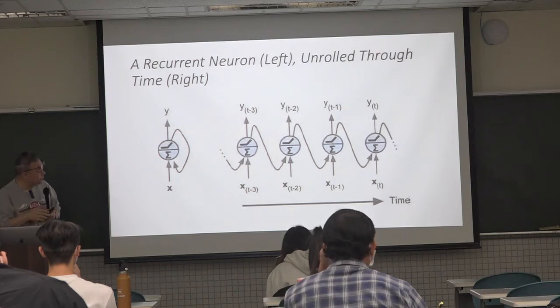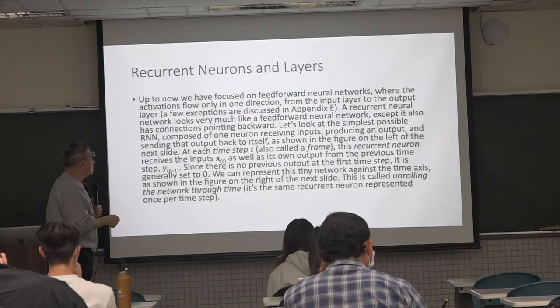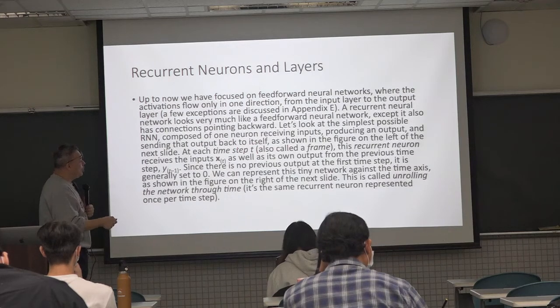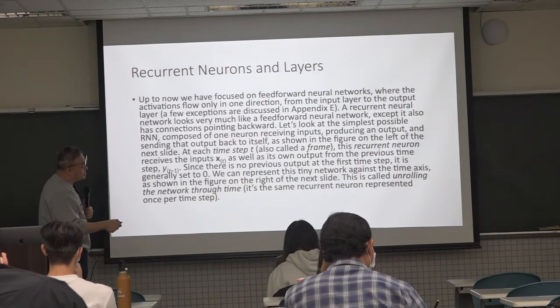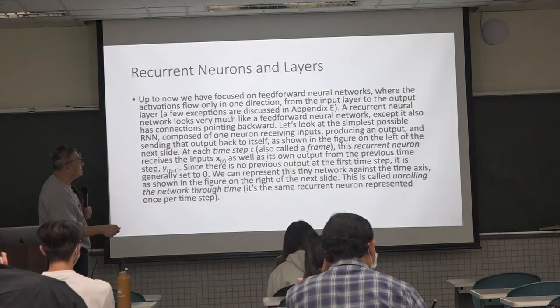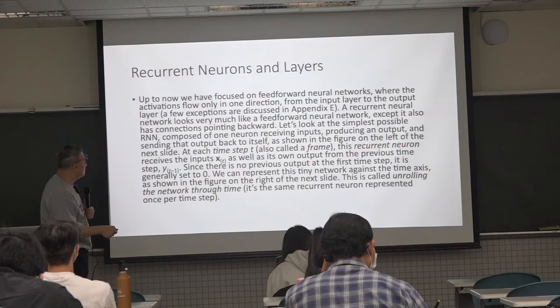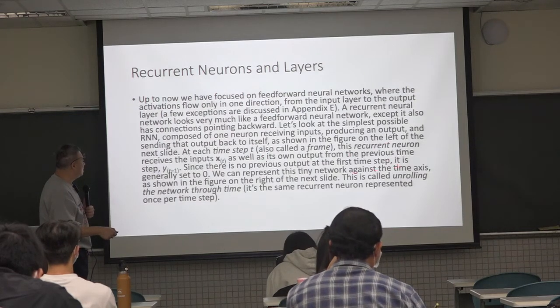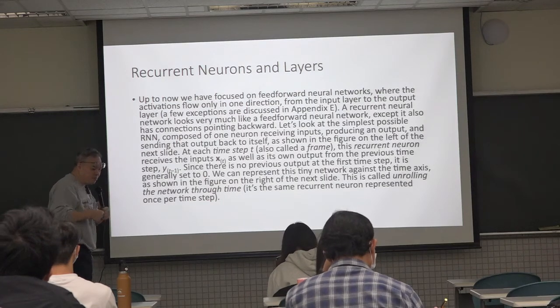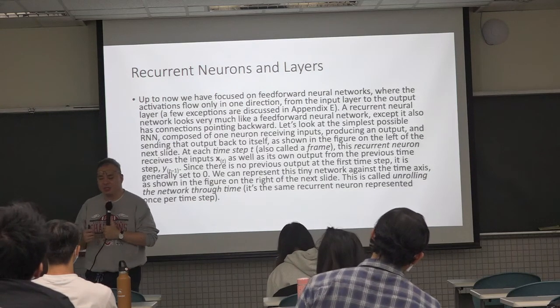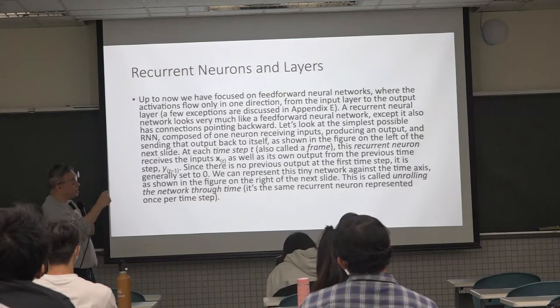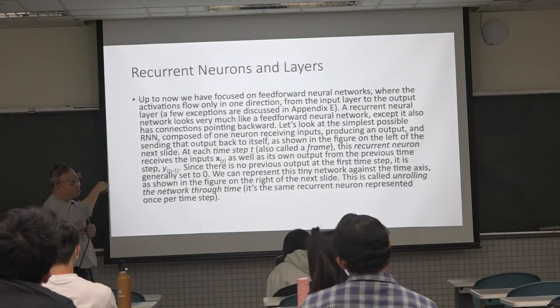At each time step t, which we can also call a frame, this recurrent neuron receives the input xt as well as its own output from the previous time step, yt-1. Since there is no previous output at the first time step, it is generally set to 0, because at the very beginning we don't have the previous output from this neuron.